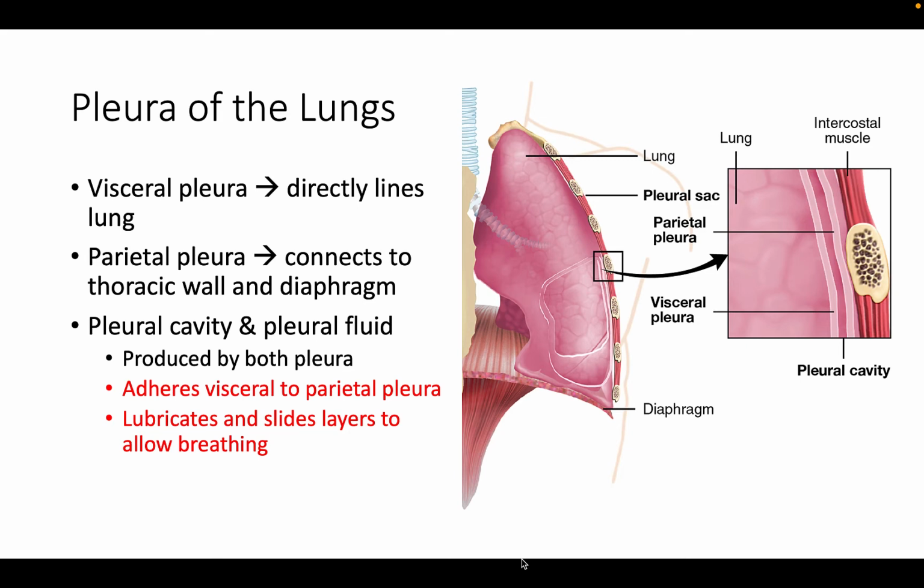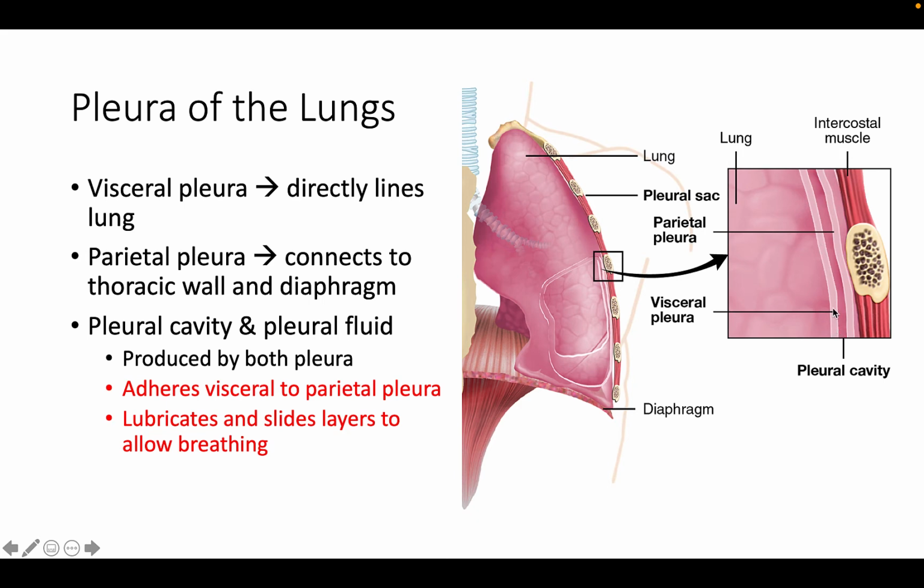So before we start getting into the nitty-gritty of breathing, we have to understand the different pleura of the lungs. So each lung is enclosed within a cavity that is surrounded by the pleura, which consists of two layers. Our visceral pleura is the layer that is superficial to the lungs. So it's right next to the lungs, directly over the lungs.